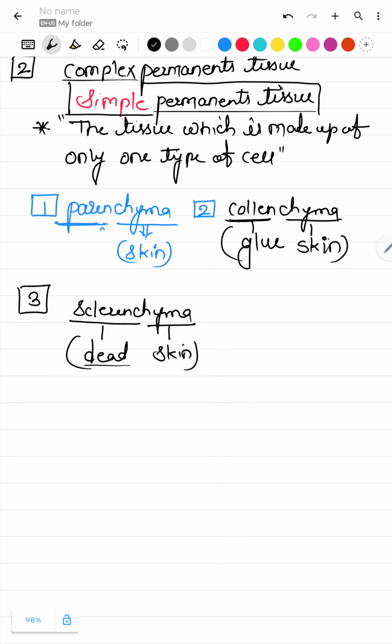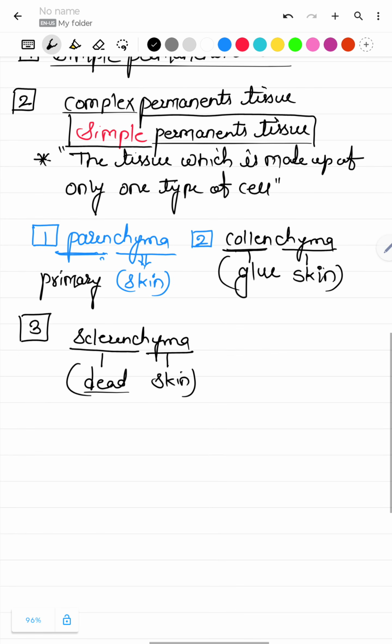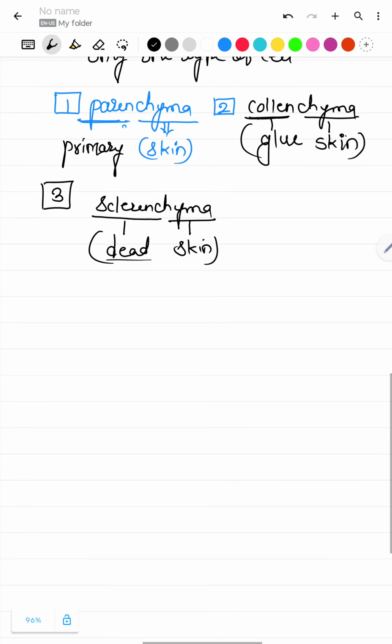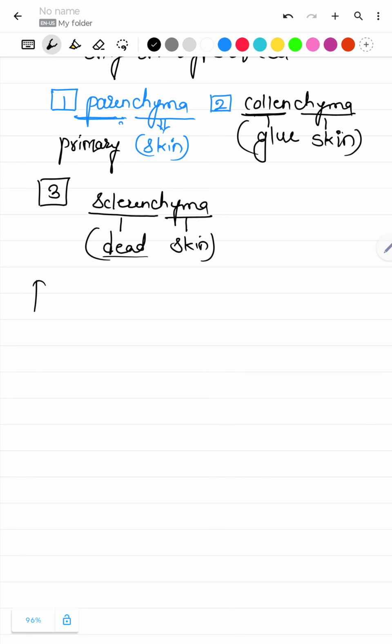So parenchyma is the primary skin tissue, collenchyma is the glue-like skin, and sclerenchyma is the dead skin tissue. These are the three types of the simple permanent tissue. Now we discuss the first one, parenchyma tissue.